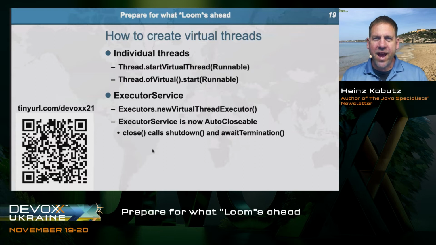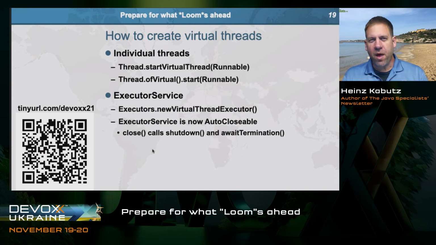And we can create virtual threads in separate ways. The first one is a static method called Thread.startVirtualThread with the runnable. We can also say Thread.ofVirtual, which gives us back a builder, and this builder can then be used to start a runnable. And this is quite a clever mechanism. If you know the book Effective Java by Josh Bloch, it describes an idea of a polymorphic builder.